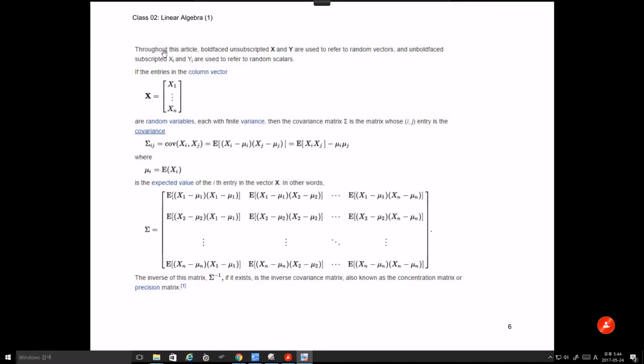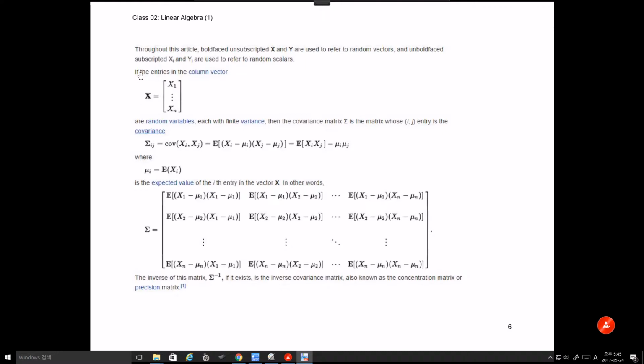So, for example, throughout this article, bold-faced unsubscripted x and y are used to refer to random vectors, and unbold-faced subscripted xi, xj, and yi are used to refer to random scalars. Scalars means just a one by one matrix, or just a number, a constant, not a matrix.